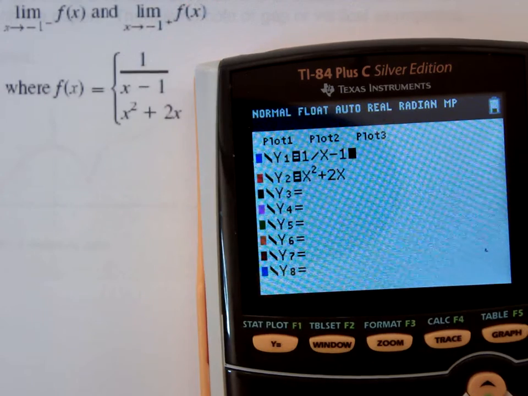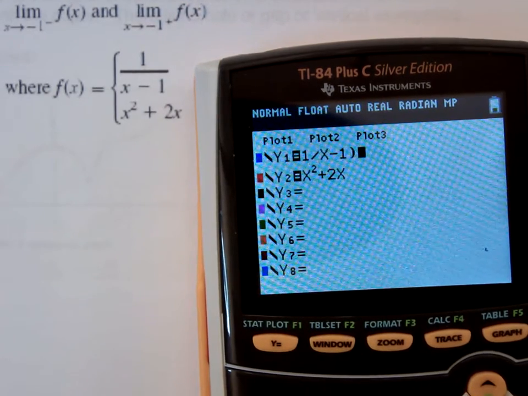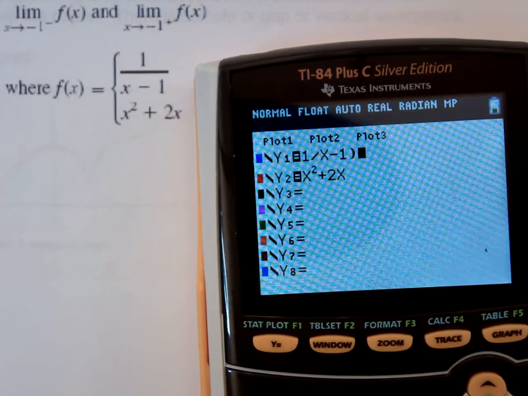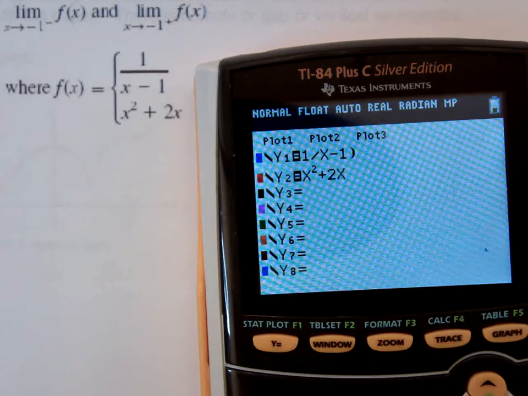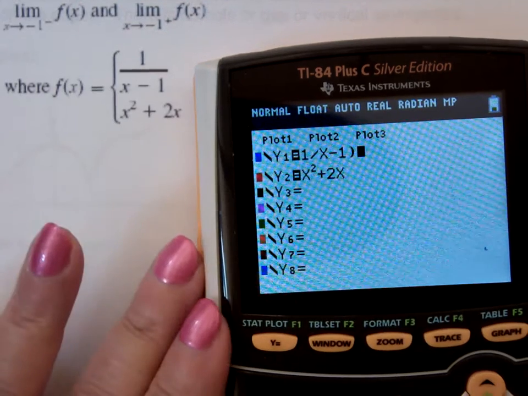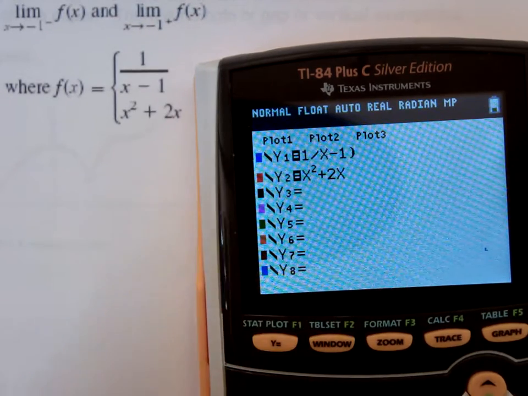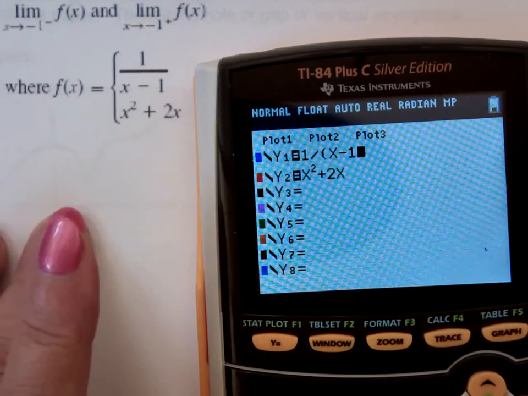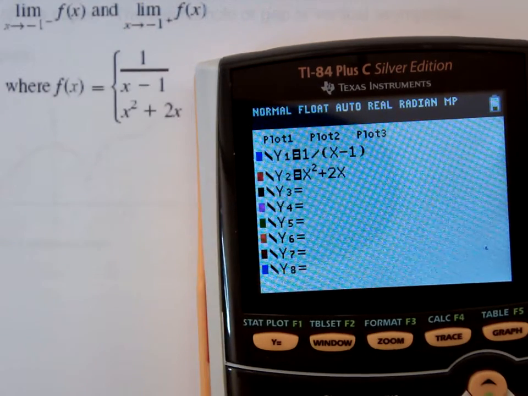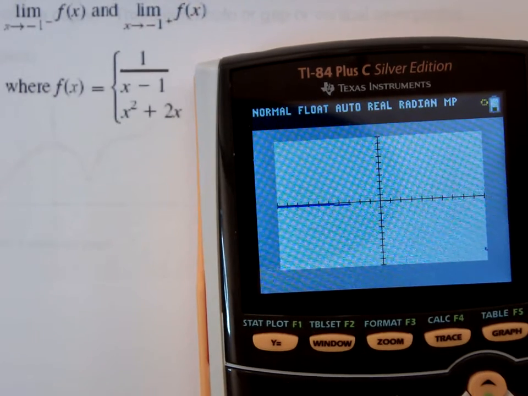And because this is a piecewise function, let's see, it tries to put in 1. Oh, I know what it did. It's still, I think, going to have a problem, because if I try to graph it, let's see, oh, we should be fine now.